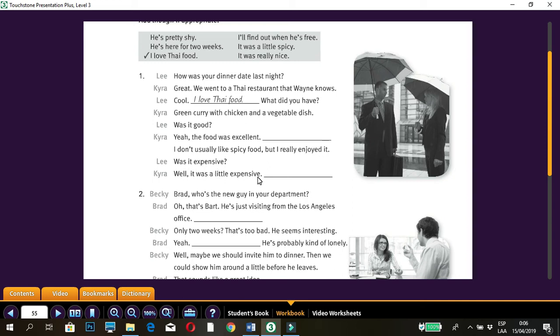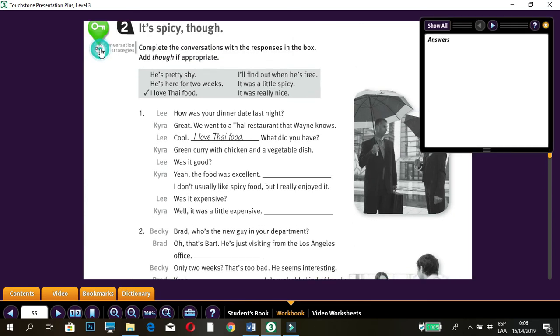Okay, so look at this. The answers. I love Thai food. And the answer in the second one, it was a little spicy though. Aha. Very good. It was a little spicy. It was a little spicy though.